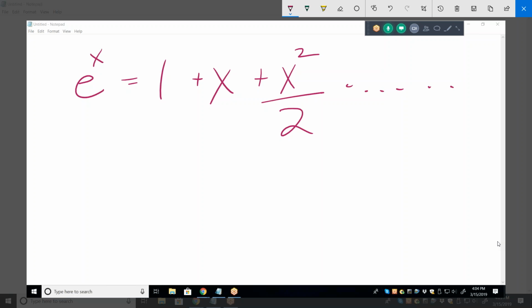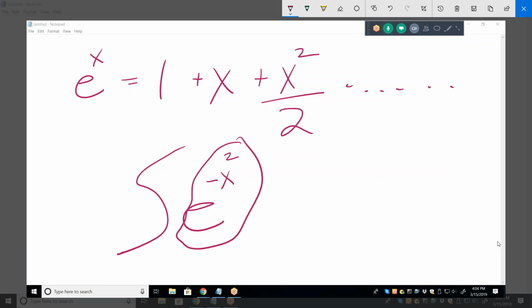Now, why do we want to do this? There are some integrals that have no antiderivative. That one right there. In other words, there is no function whose derivative is equal to that, which makes it extremely hard to integrate.